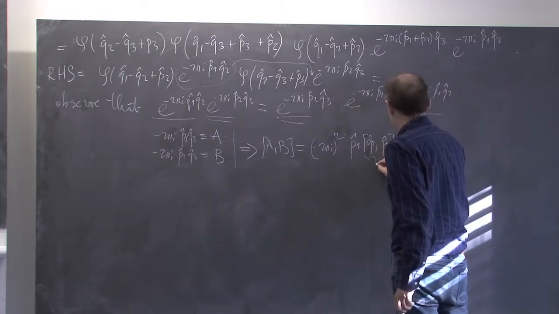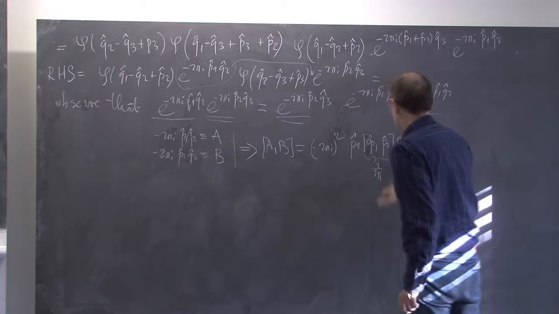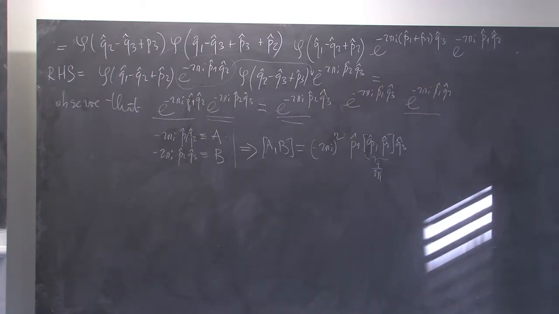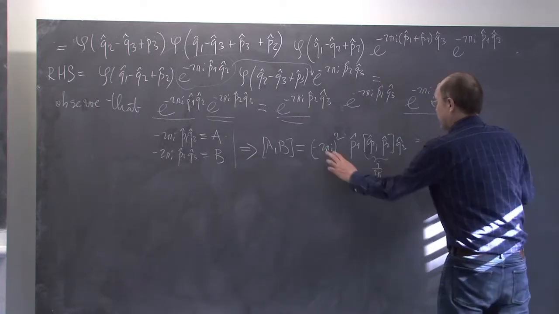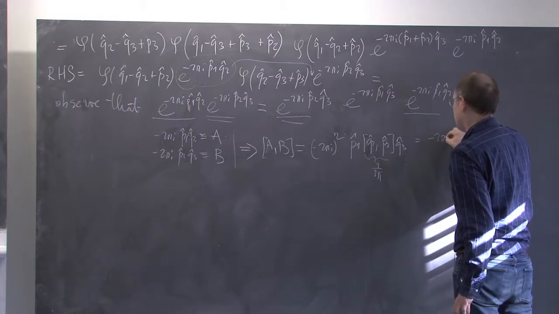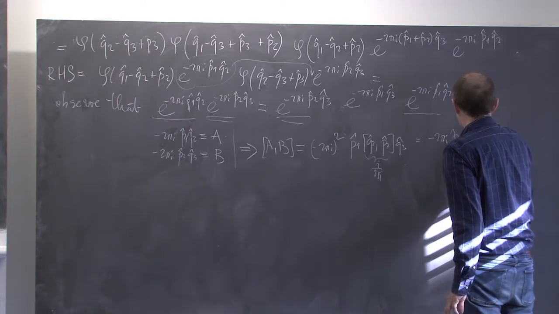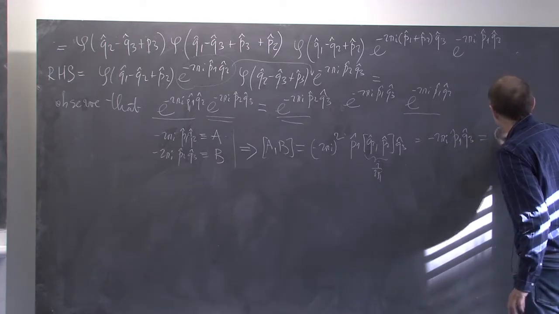So this is equal to i over 2 pi. So by simplifying, we get minus 2 pi i P1 Q3. And let us call this C.